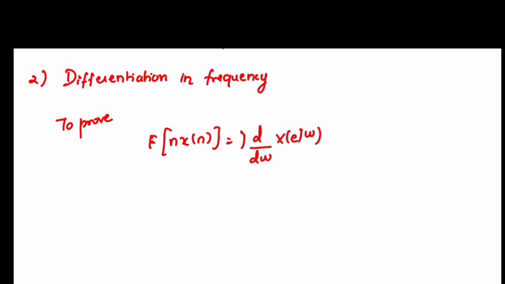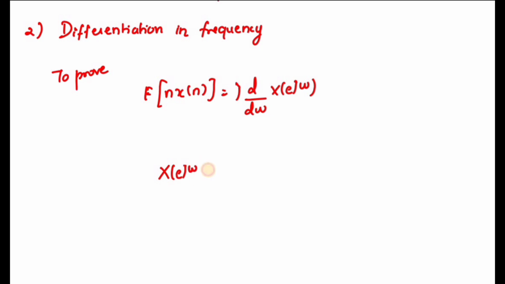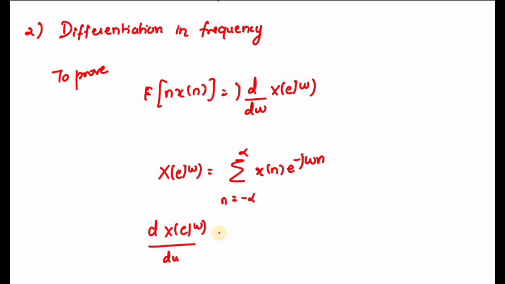We know the formula for the Fourier transform. But before this, what is X of e power j omega? X of e power j omega is equal to the summation from n equal to minus infinity to infinity of x of n e power minus j omega n, which is the formula for the discrete time Fourier transform. If I differentiate this with respect to omega, I will get the summation of x of n, where only the exponent has the omega term.